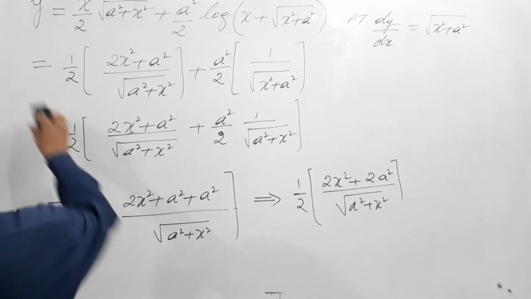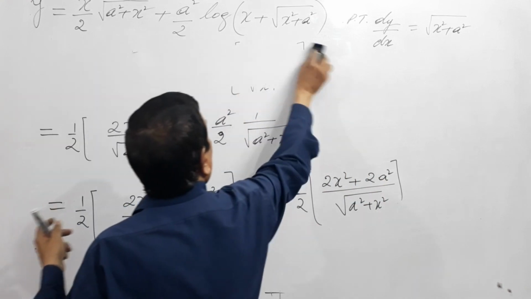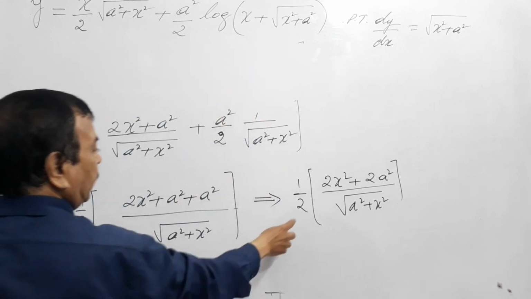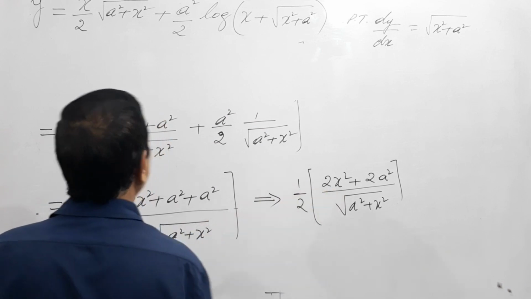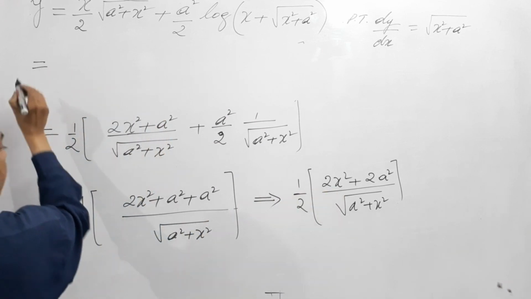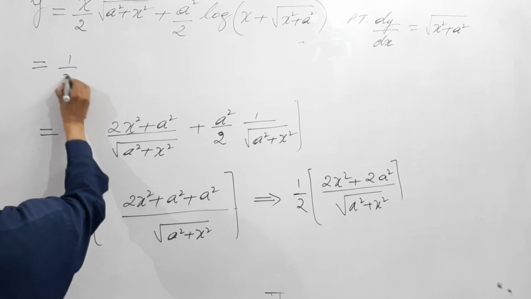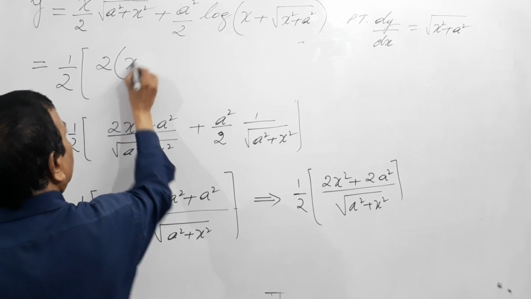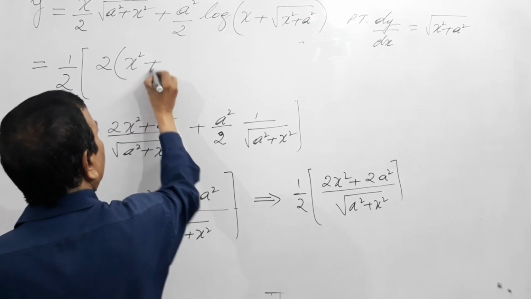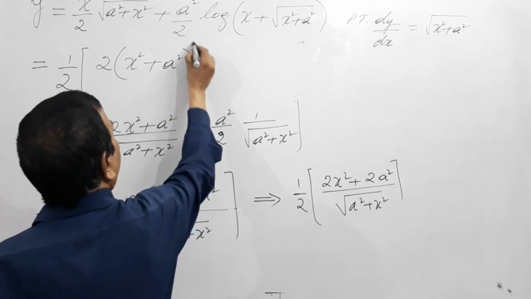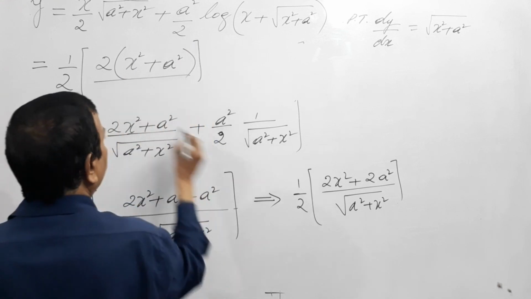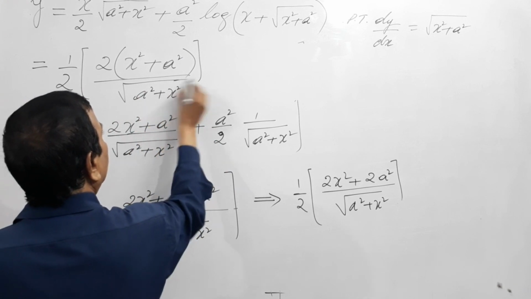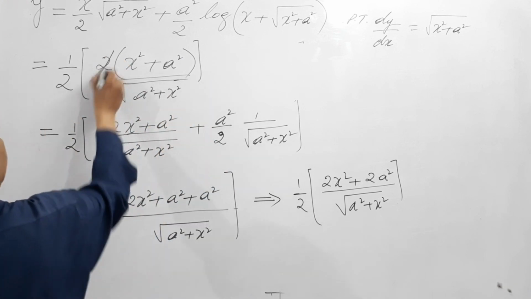I take this 2 common here, so this is equals to half, 2 common, this is x square plus a square divided by under the root a square plus x square. So this 2 cancels.